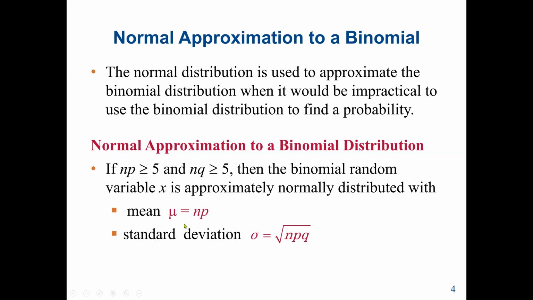The mean is np, as in the binomial distribution, where n is the sample size and p is the probability of success. The standard deviation is the square root of npq, where q is the probability of failure, and q is 1 minus p.